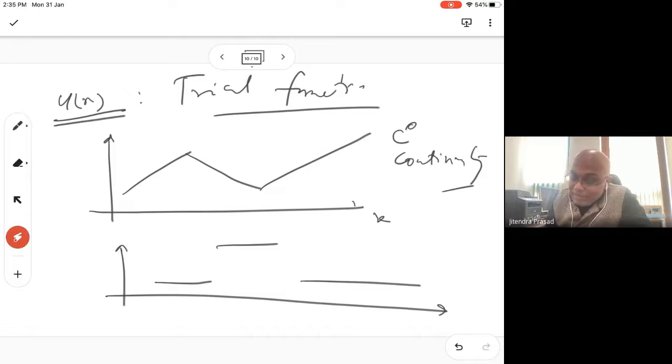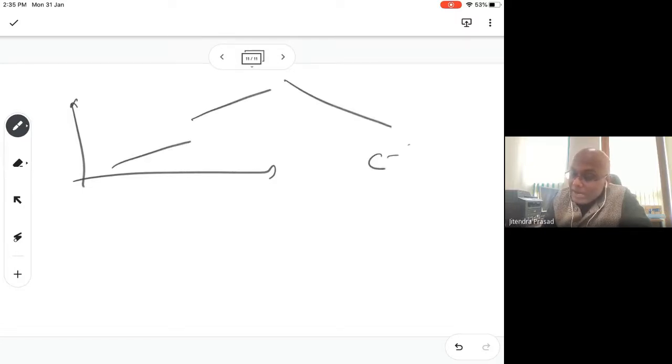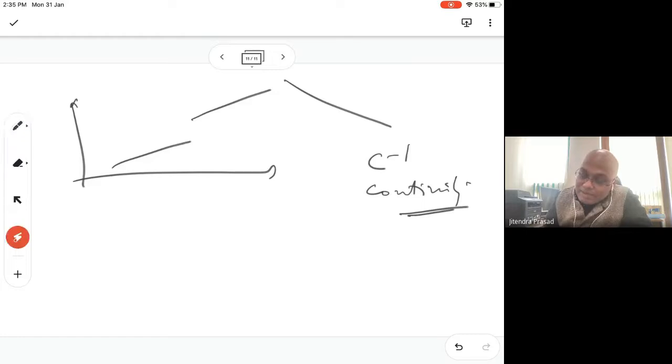This type of thing where they are not connected, like here you go jumping like this, you call it C minus 1 continuity. See, here you cannot find the derivative. So this is not smooth.